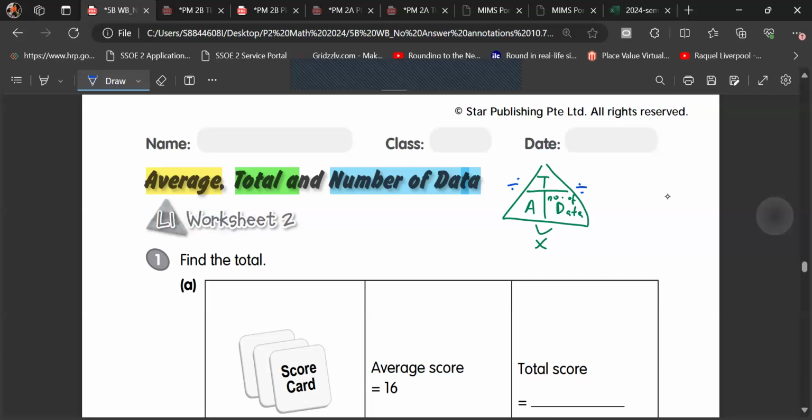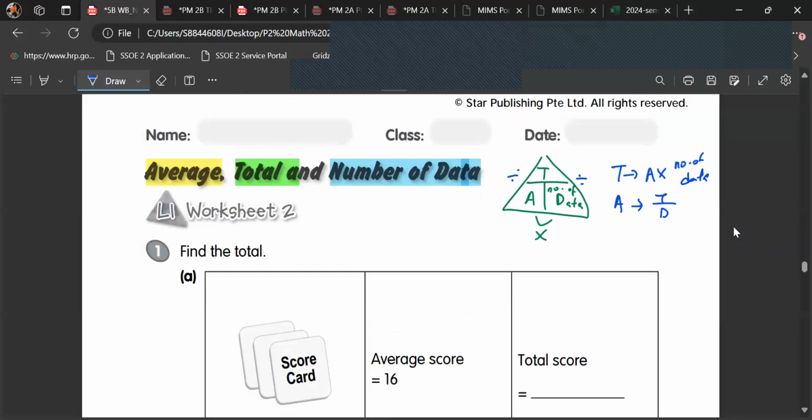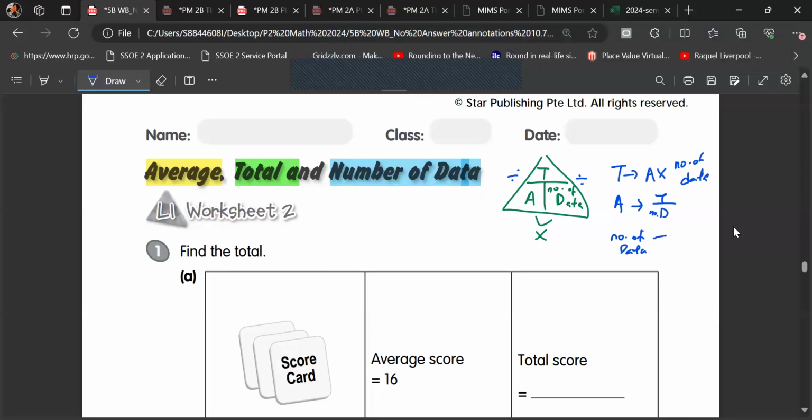So in the same way, you find total by using average times number of data. You find average by using total divided by number of data. And then you find number of data by using total divided by average.